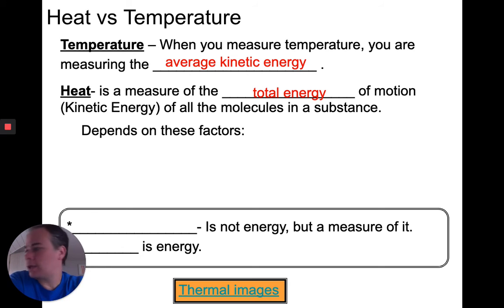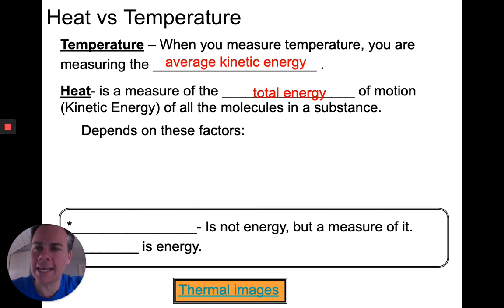To help understand this, imagine two substances. Let's say we had a glass of hot water that was at 50 degrees Celsius, and we had a 5-gallon pail full of water at the same temperature.